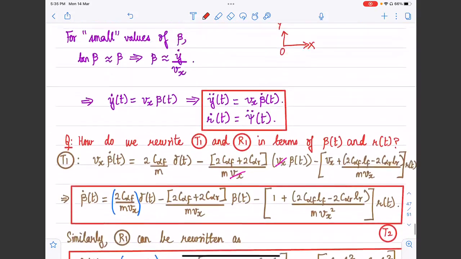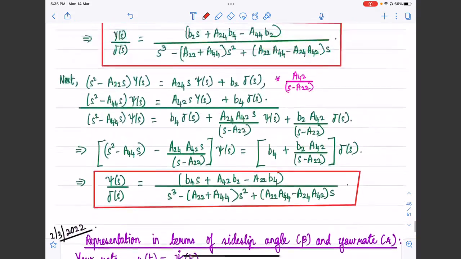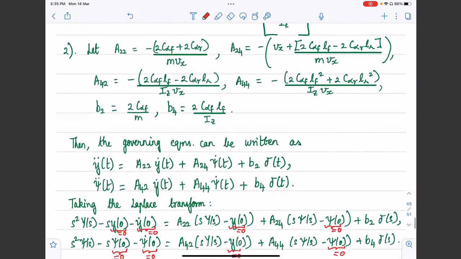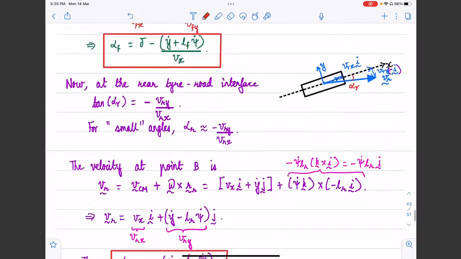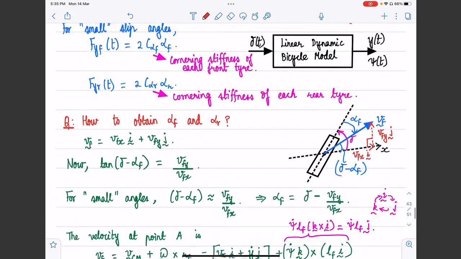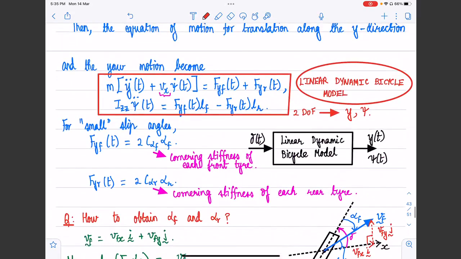Let's go ahead and clarify these. These are all very important questions. Let us go back to this derivation, which is more generic than the previous derivation. So ay was, suppressing time, y double dot plus vx psi dot, in general.